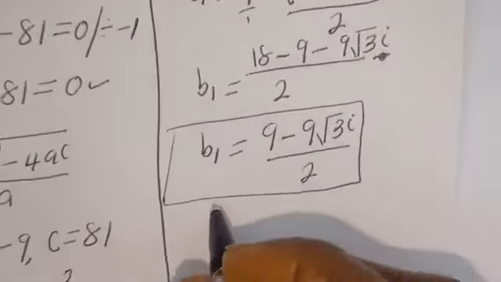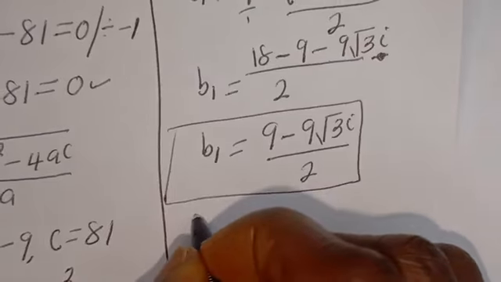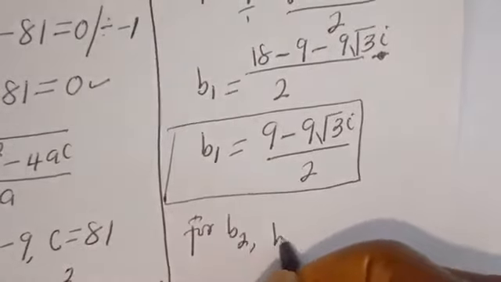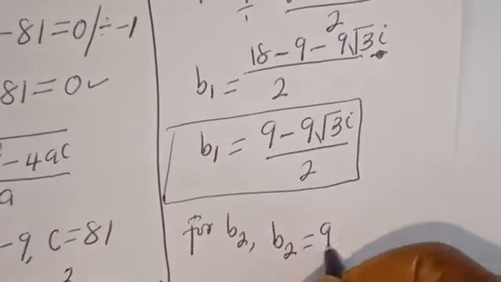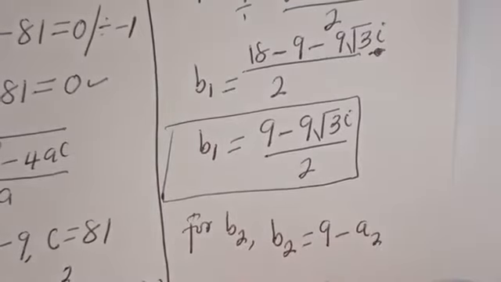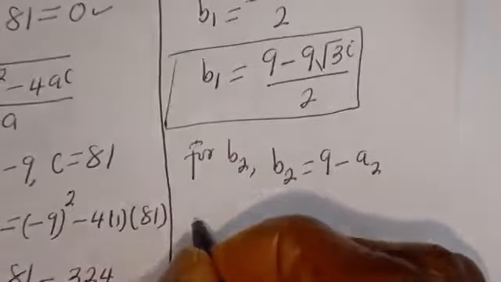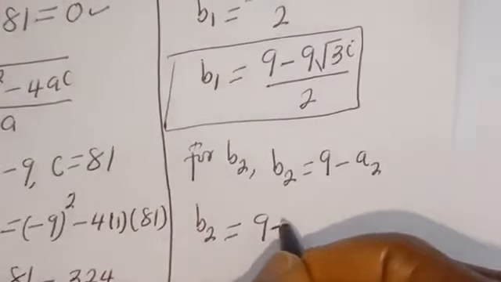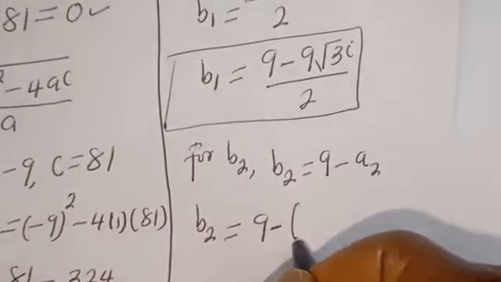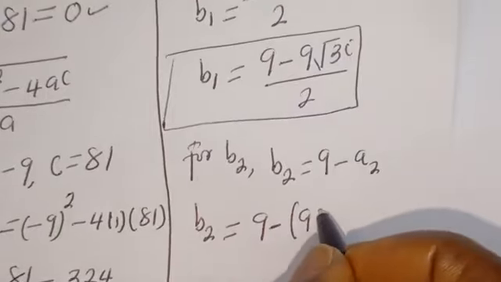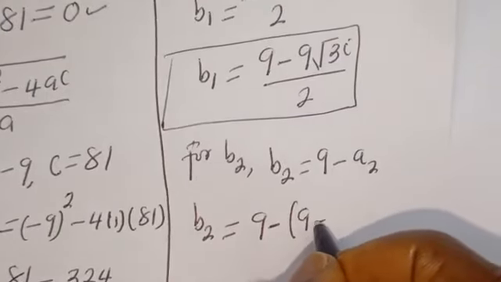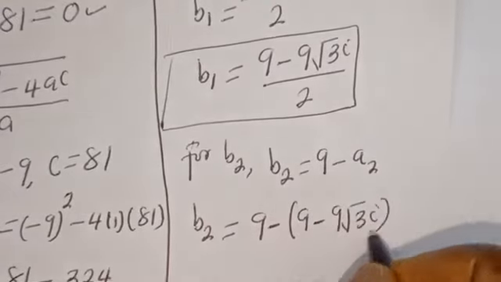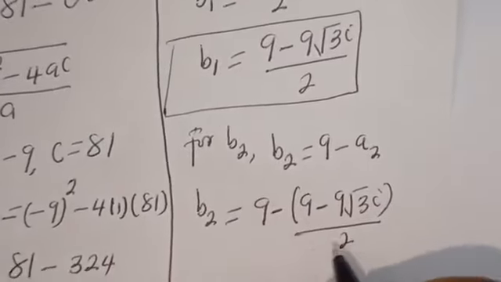And for b2, b2 is equal to 9 minus a2. Then b2 is equal to 9 minus bracket 9 minus 9 root 3i divided by 2.